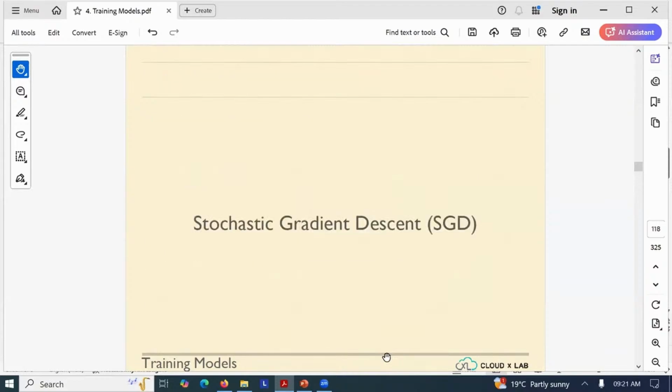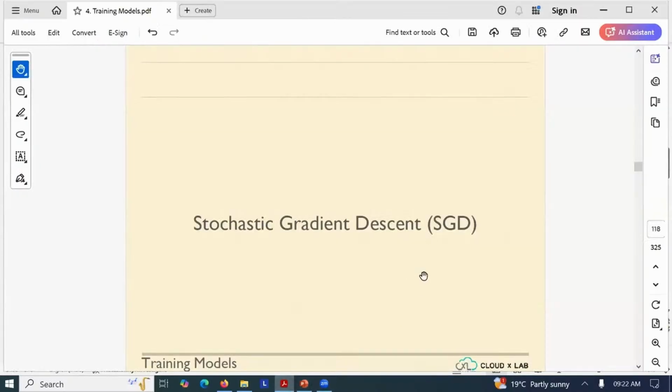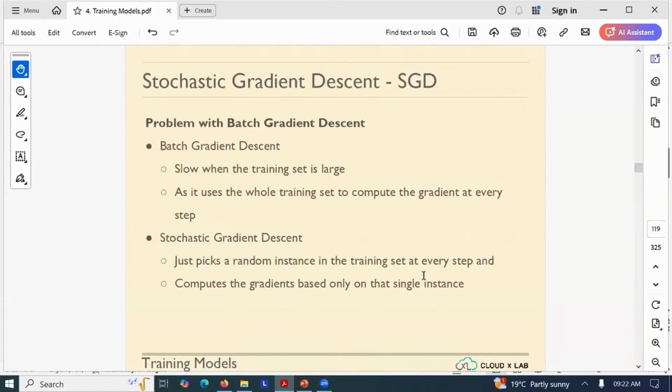So any doubt in batch gradient descent? Batch gradient descent is very simple. The only difference is we compute the gradient using all training examples. In stochastic, we compute it using one example at a time.